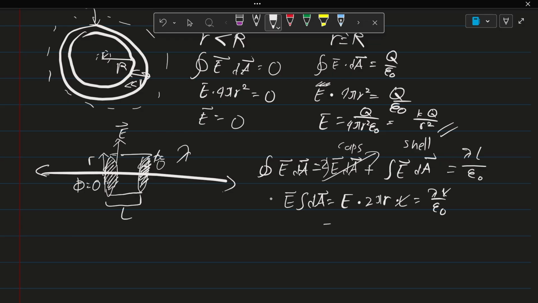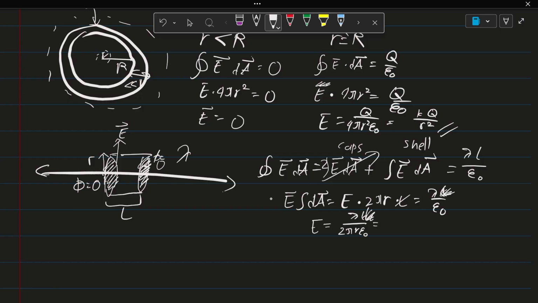So we would obtain E to be lambda L over 2 pi r epsilon 0. Oh sorry, yeah, it should be lambda L. Sorry, my bad. So the L will cancel.